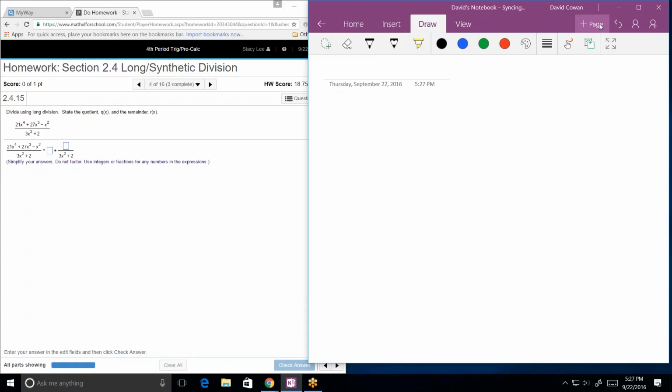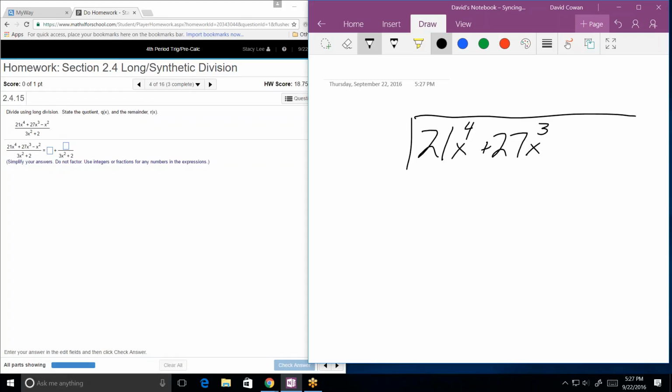We have 21x to the fourth plus 27x cubed minus x squared, and we're dividing it all by 3x squared plus 2.